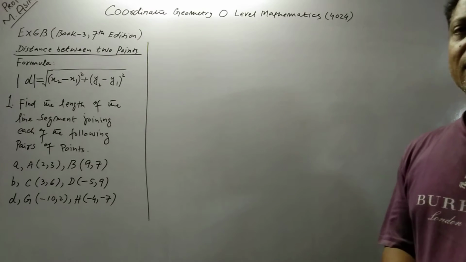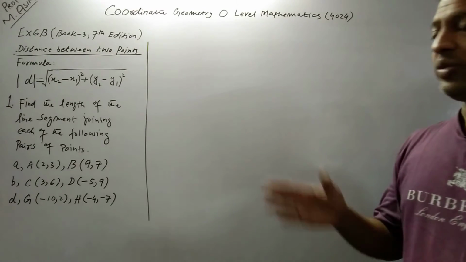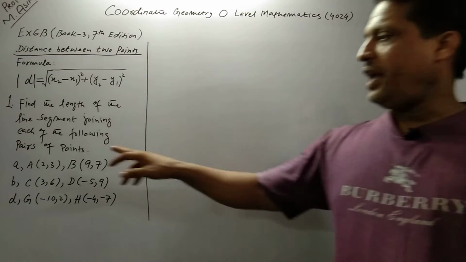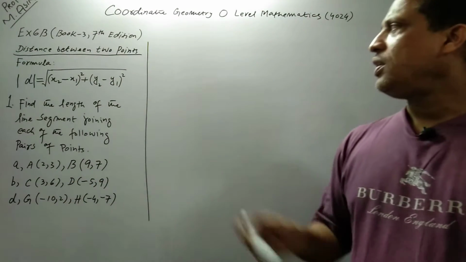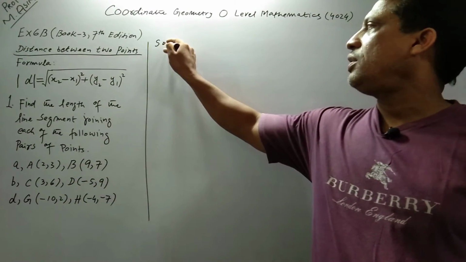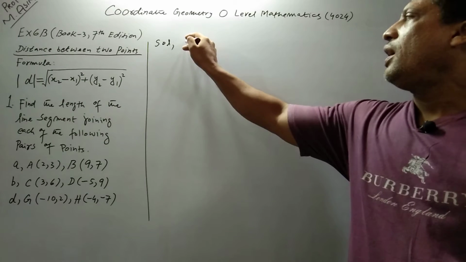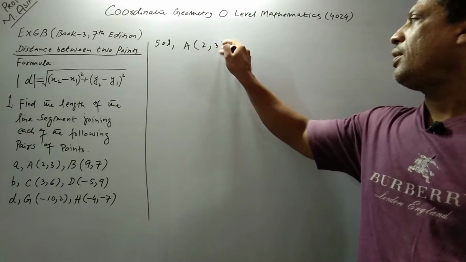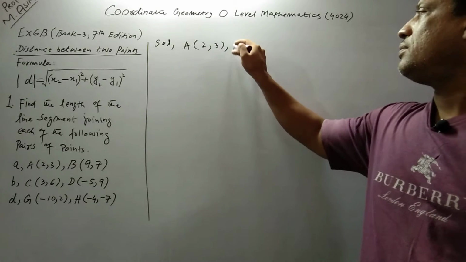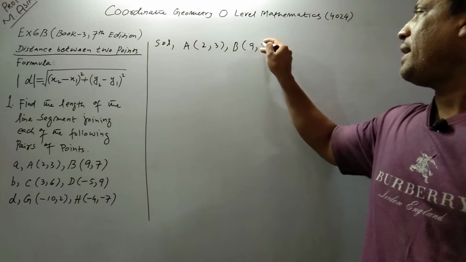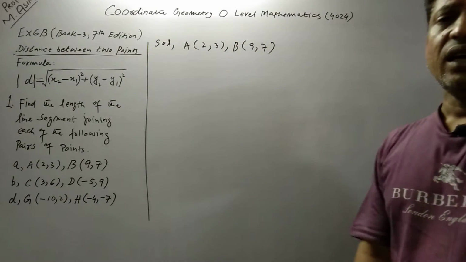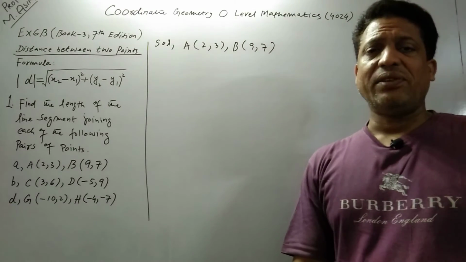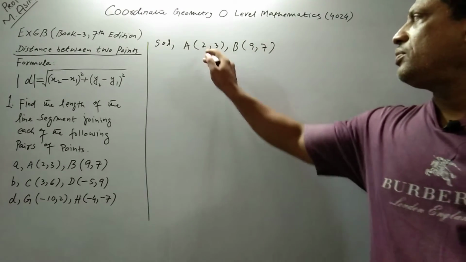There are 4 parts in question number 1. I took 3 parts, part A, part B and part C. First, see the solution of part A. We have to find the distance between A (2, 3) and B (9, 7). First, you have to assign x1, y1 and x2, y2.